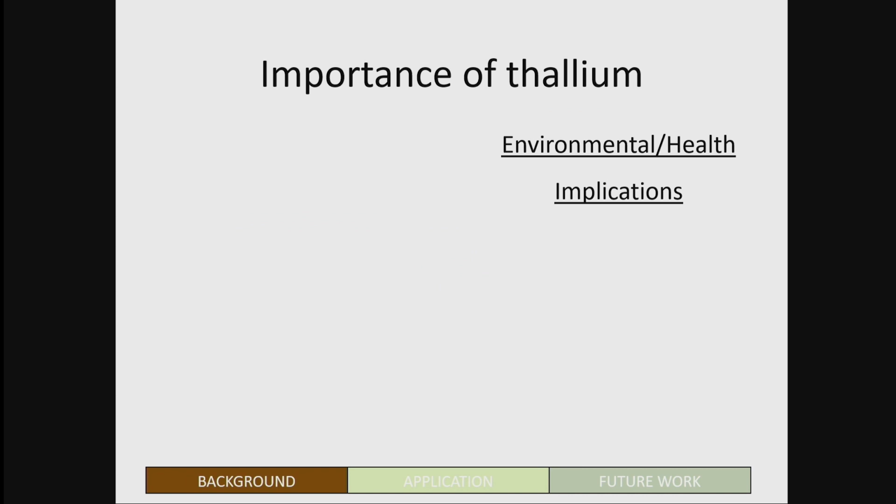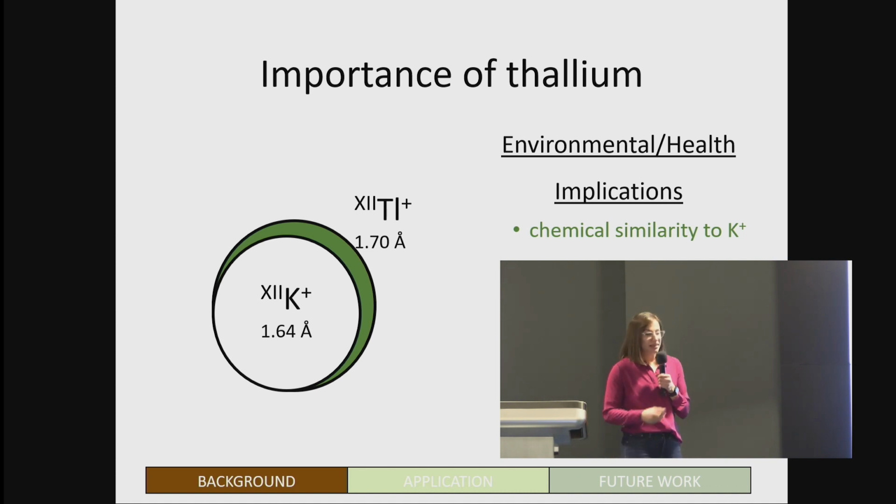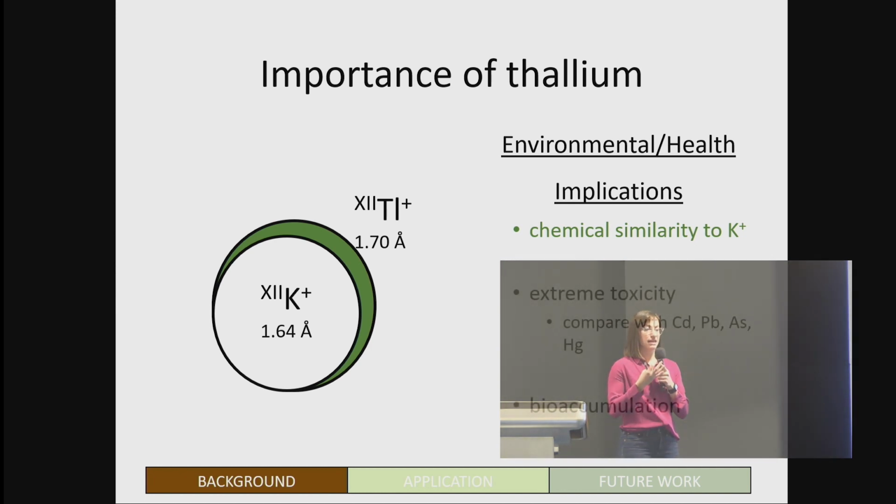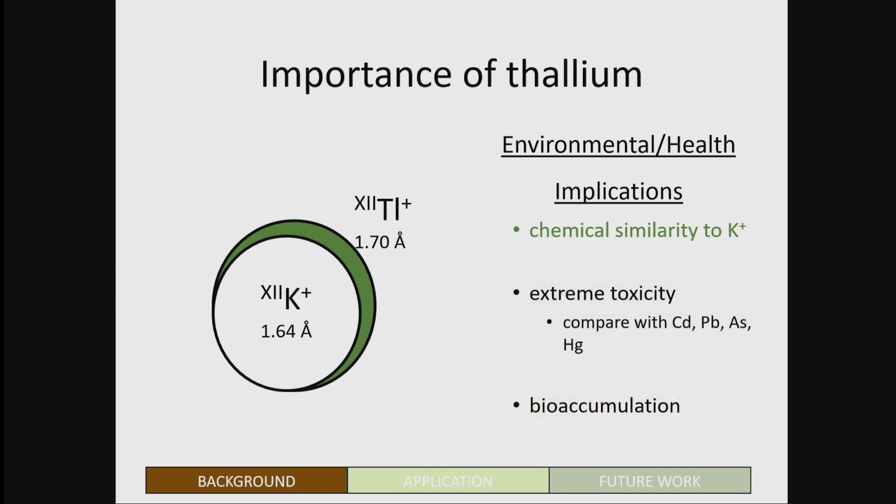Now, on the environmental or the human health side, thallium is also very important. So again, thallium and potassium are nearly identical. So this is them drawn to scale, relative to one another. And so it is almost impossible for biologic systems, plants, animals, humans, to be able to tell the difference between those two elements.